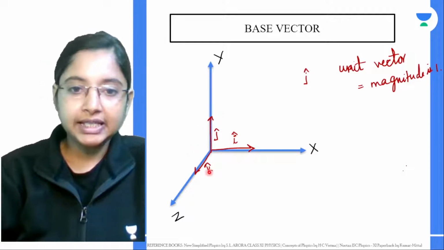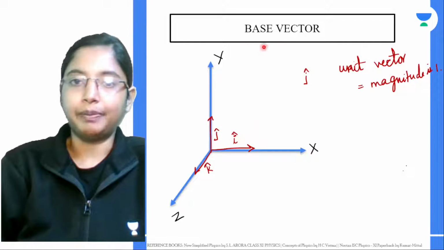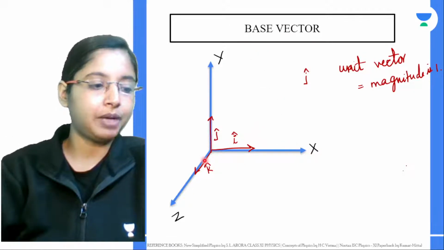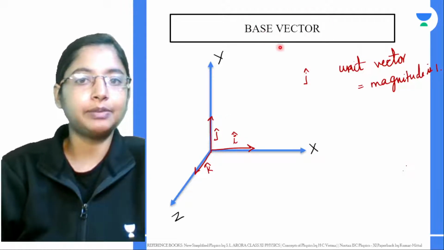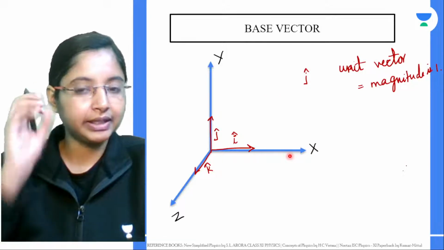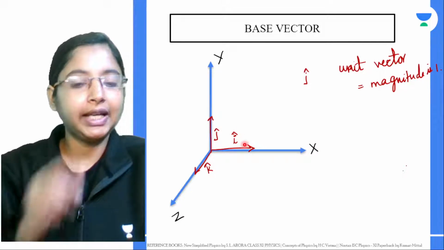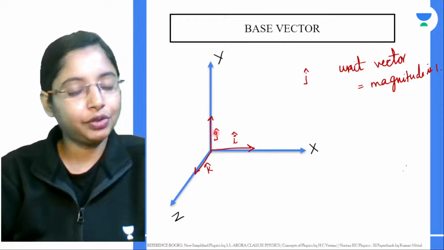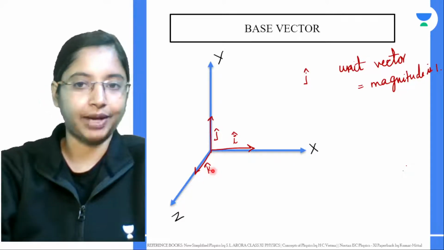So these 3 vectors, we can collectively call them your base vectors. The 3 vectors which are mutually perpendicular to each other, and these are again unit vectors. You can call them base vectors. Always remember, we use this as a convention, like how we have given this positive x direction. Likewise, when we take x direction, we always take the unit vector as i cap, y direction we usually take j cap, and z direction k cap. That is how conventionally we take that value.